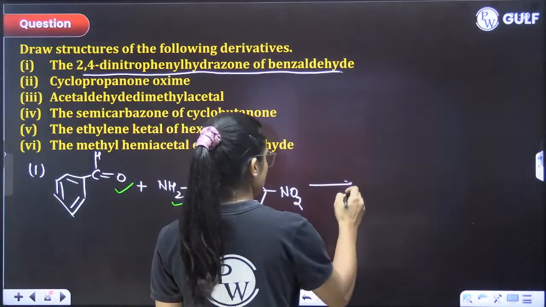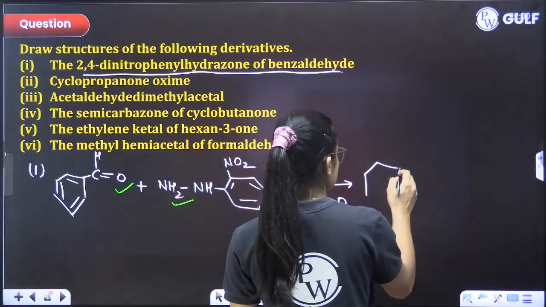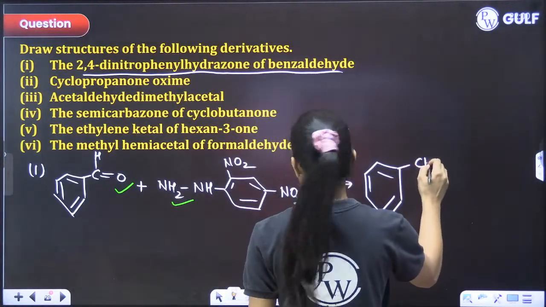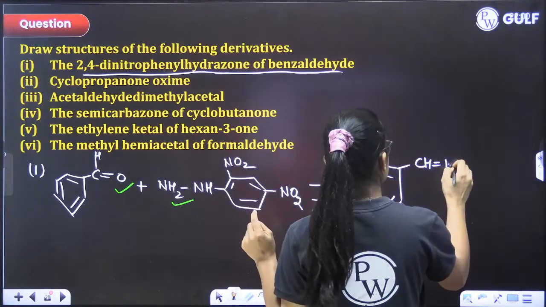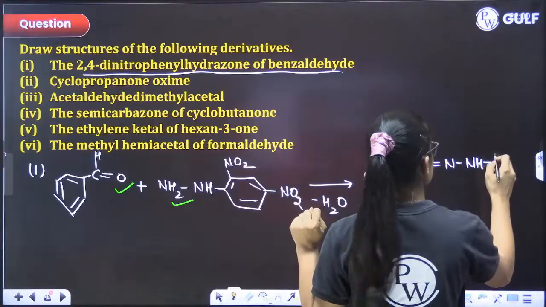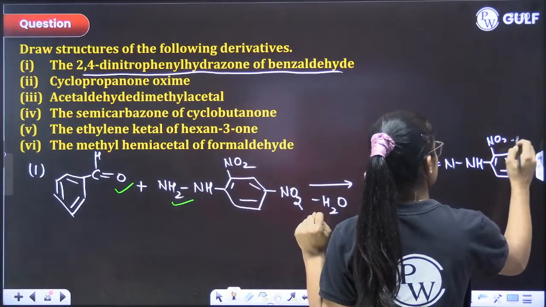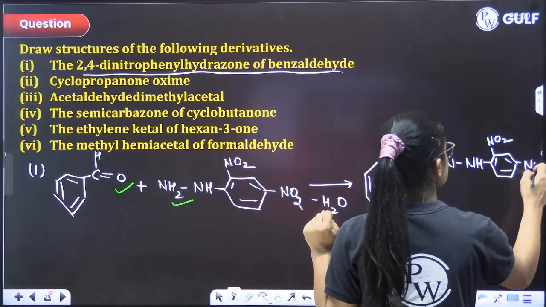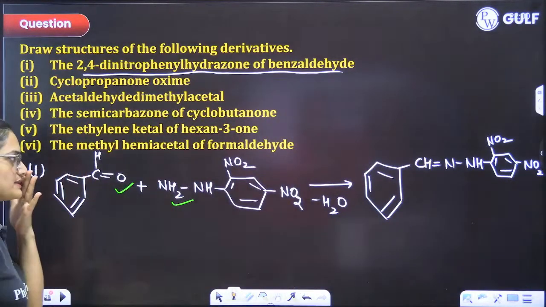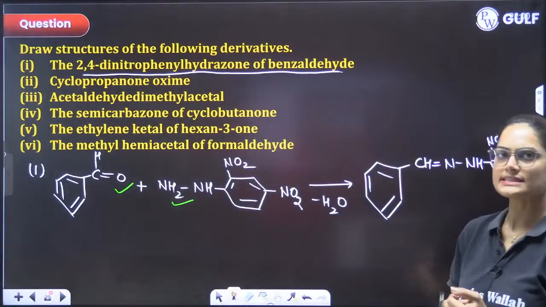And what you will get here is C6H5, CH, double bond N, single bond NH, and O2 here. This is the structure of 2,4-dinitrophenyl hydrazone of benzaldehyde. Is this clear, beta? Is this clear to everybody?